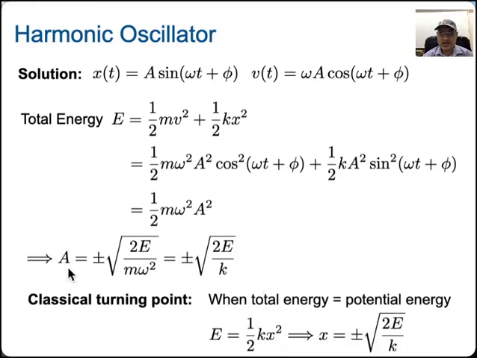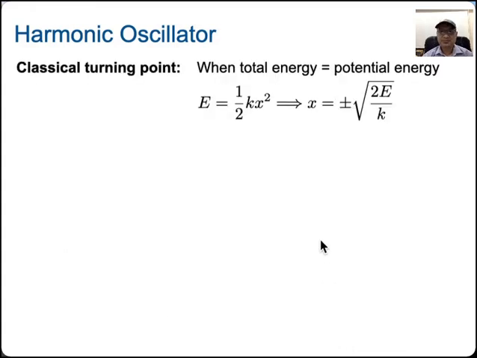You can see that now your A is equivalent to the classical turning point. This is what we have seen in the previous slide: the classical turning point is the place where your total energy becomes equal to the potential energy and there is no kinetic energy term left, and under these circumstances the maximum displacement is the square root of 2E over k.